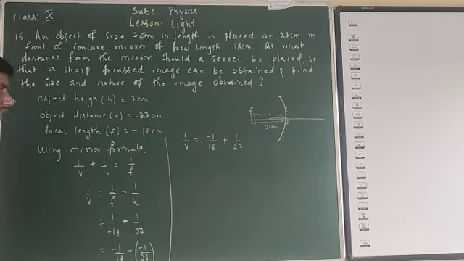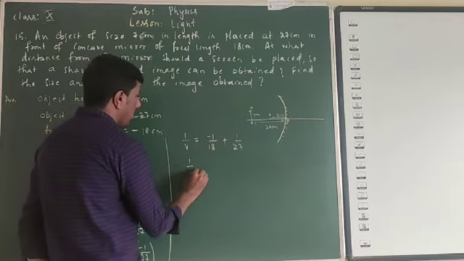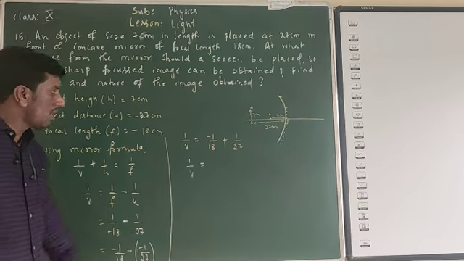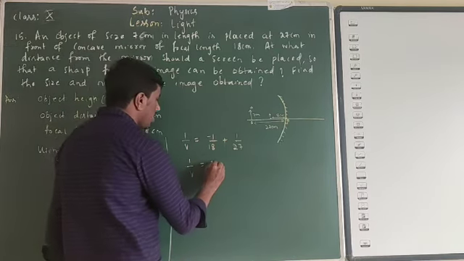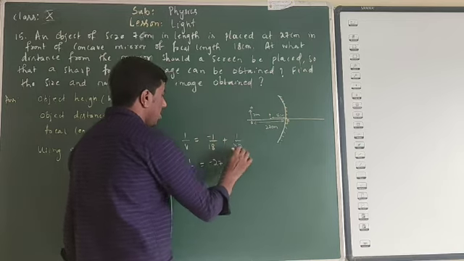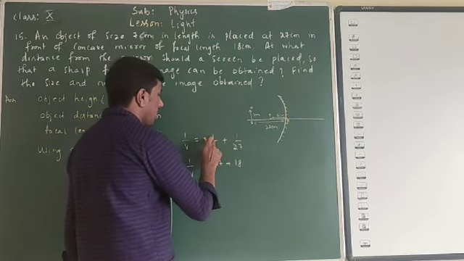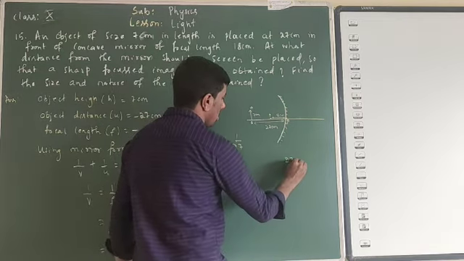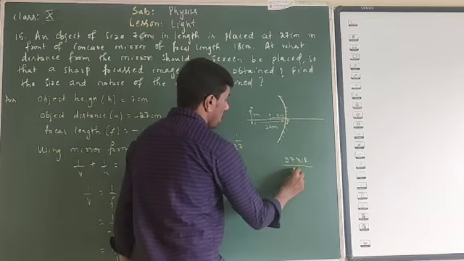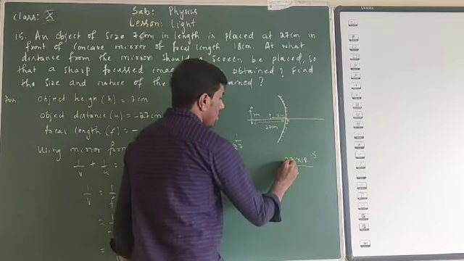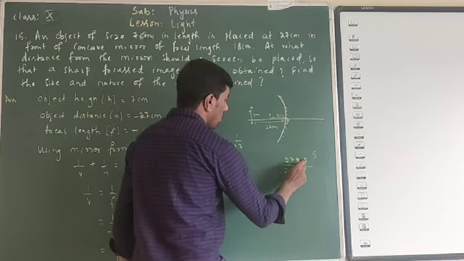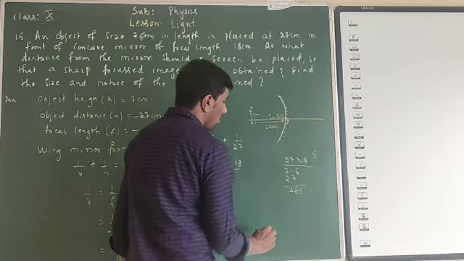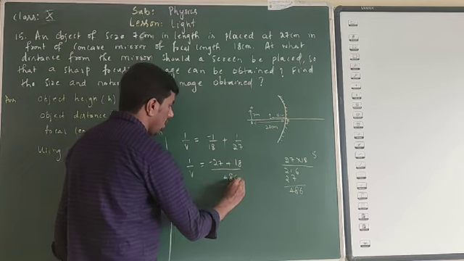We cross multiply: minus 27 plus 18. 27 into minus 1 is minus 27, and 18 into 1 is 18, divided by 27 into 18. 8 sevens are 56, 8 twos are 16, 16 plus 5 is 21. 1 seven is 7, 1 two is 2. So 486 in the denominator.